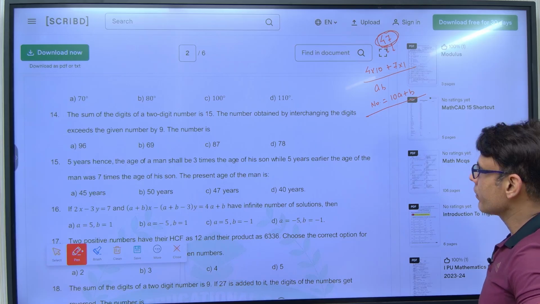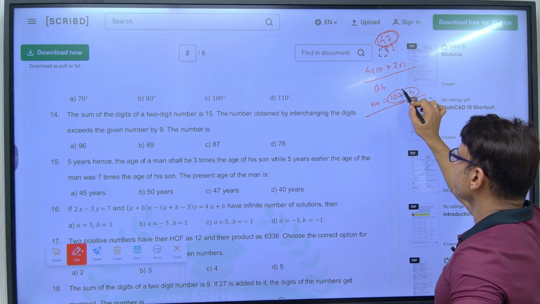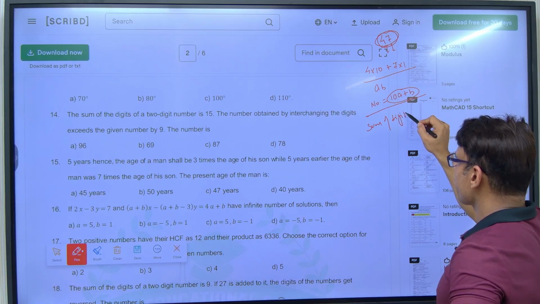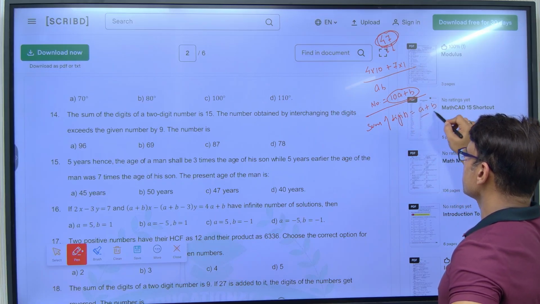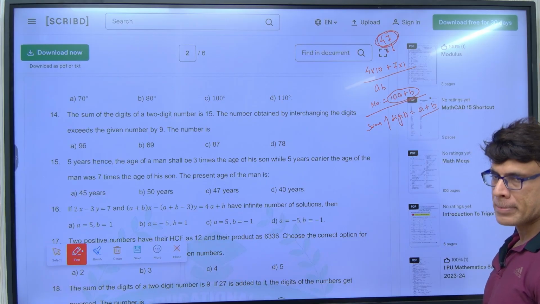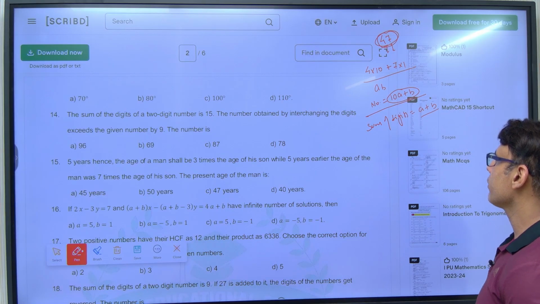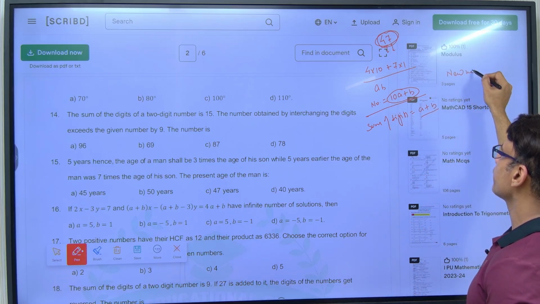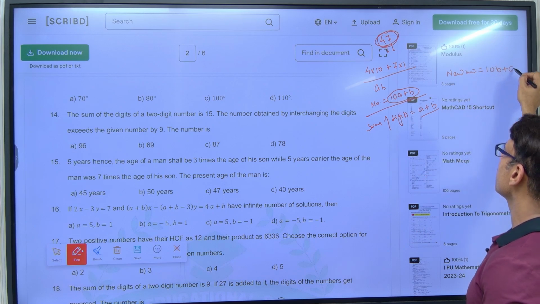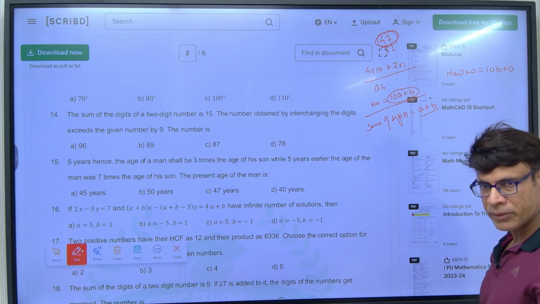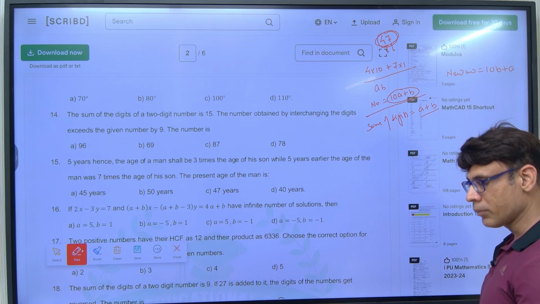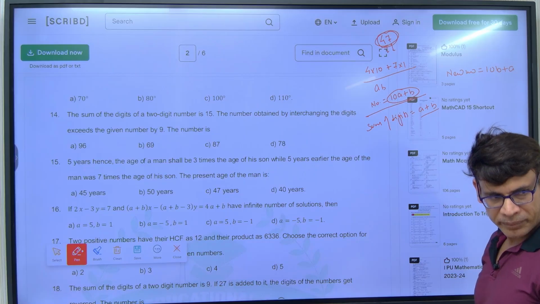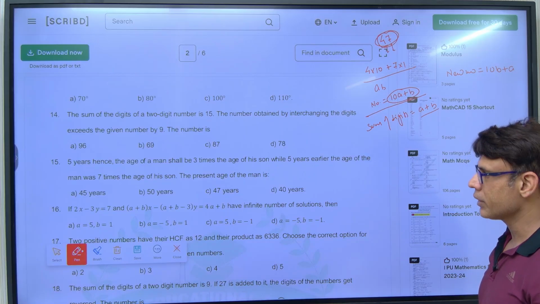A plus B. When they ask you for the sum of digits, it is A plus B. If I say the number formed by reversing the order of digits, you will get a new number. The new number will be 10B plus A. So that is how you write a 2-digit number, right? The sum of digits will always be A plus B. The difference of digits can be A minus B or B minus A, depending on which digit is where.